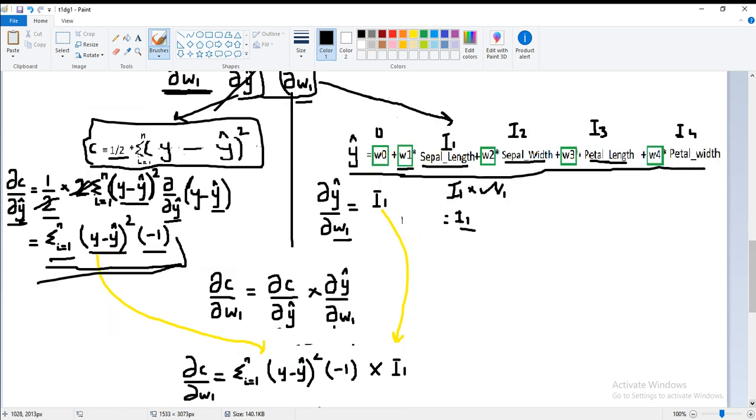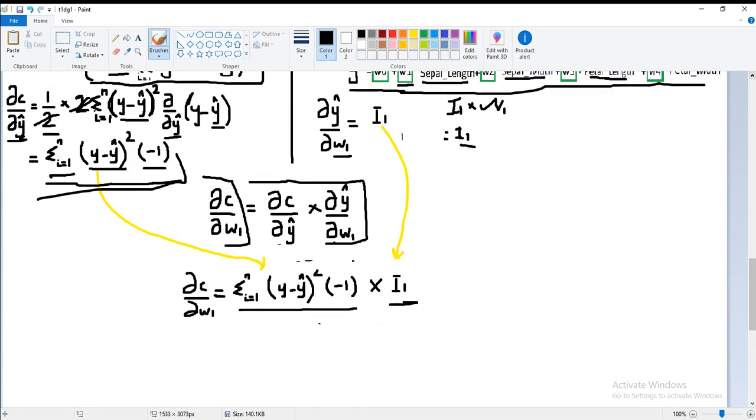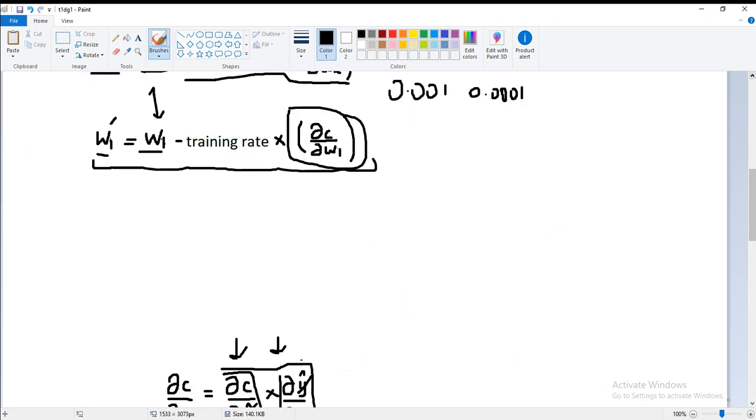So the partial derivative of cost with respect to w1 is equal to this expression which was written above, and as we came to know that the partial derivative of cost with respect to y hat is actually equal to this one, and the partial derivative of y hat with respect to w1, this one, is equal to I1 as we calculated above. So now we'll have to replace this part in our weight update equation, and we'll be done with the gradient descent algorithm. That is the idea of gradient descent algorithm.